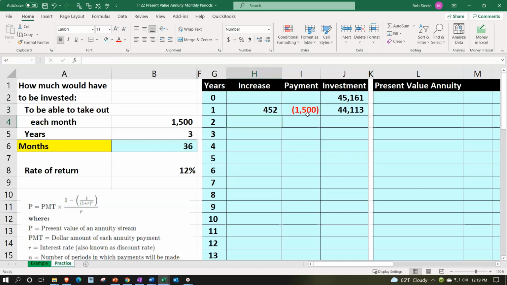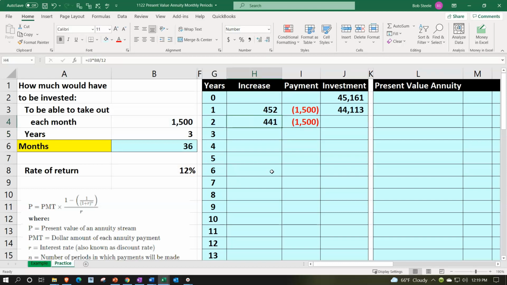Let's do that a couple more times before we use the autofill to do it the easy way. We're taking now the 44,113 times the 12% down here, but that's the yearly rate, so we're going to divide it by 12. That's the monthly amount. We have the same negative 1,500 we're taking out each month.